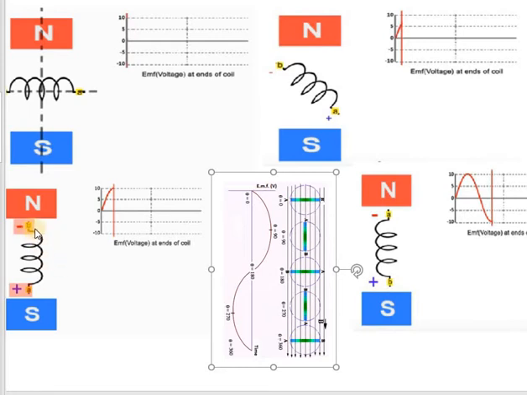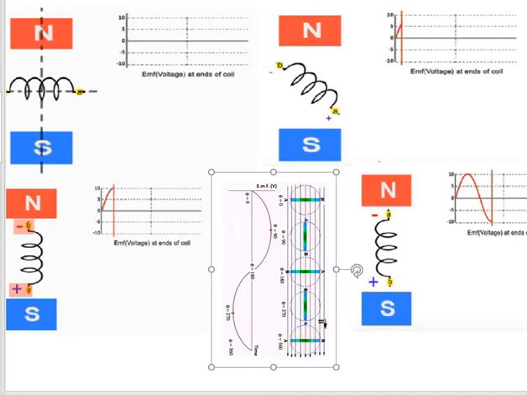And then when the coil turns again and reaches this position, it goes back to 0, and then it increases again, and then it will reach the second peak before it decreases again.